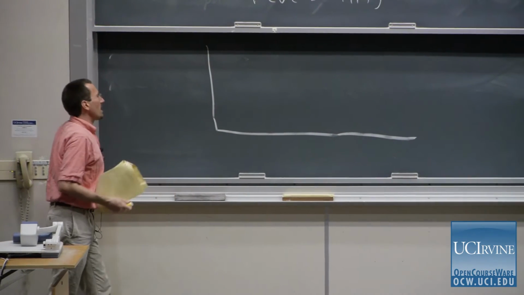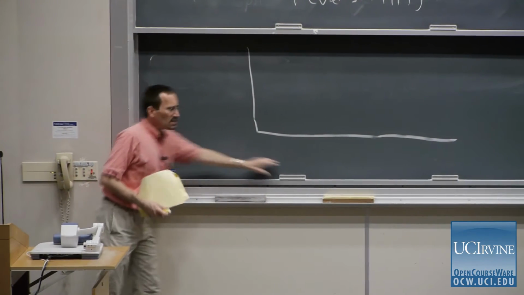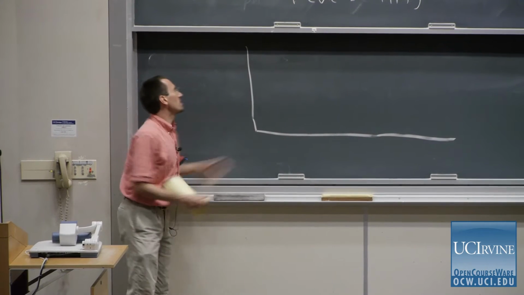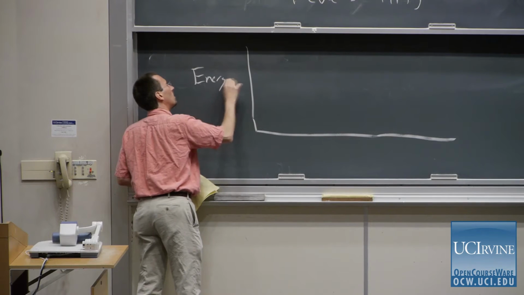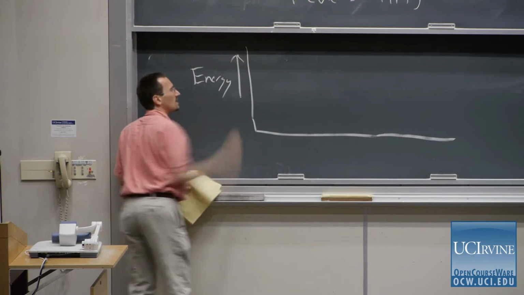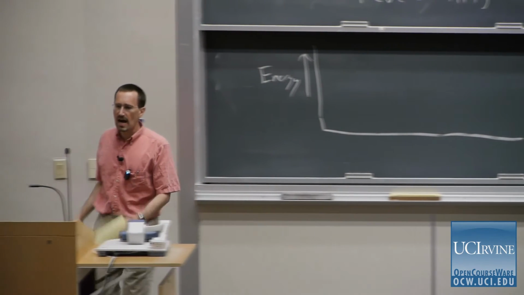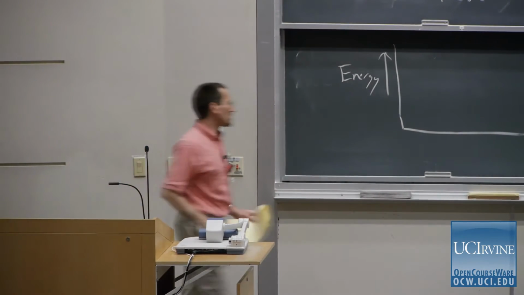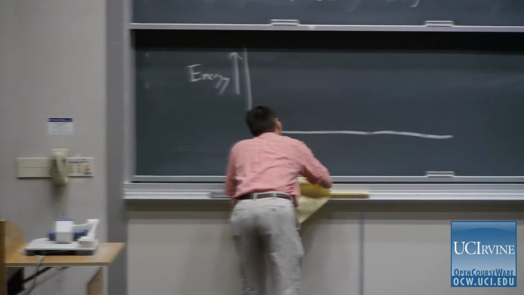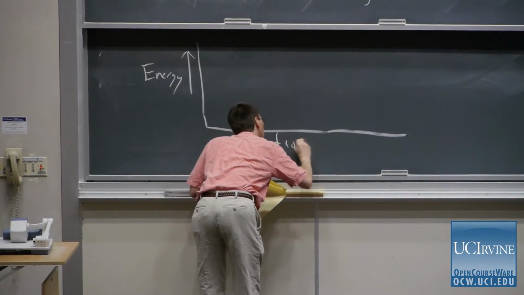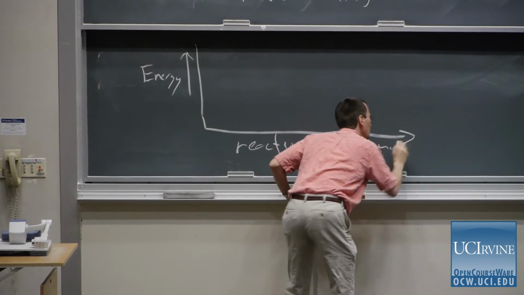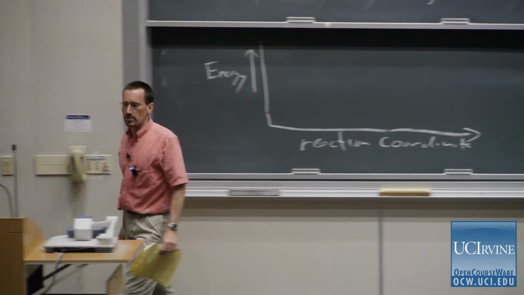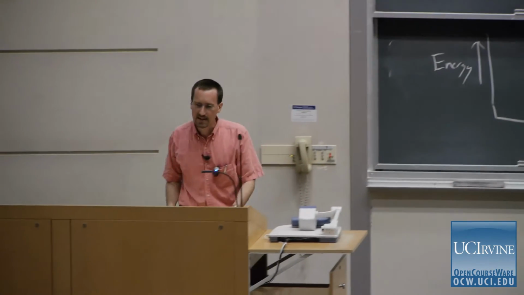Imagine a reaction energy diagram. You've seen these in earlier chapters of your textbook. In other words, something where we have energy on the y-axis, and we have some type of reaction coordinate, you can think of it as the progress of the reaction, on the x-axis.